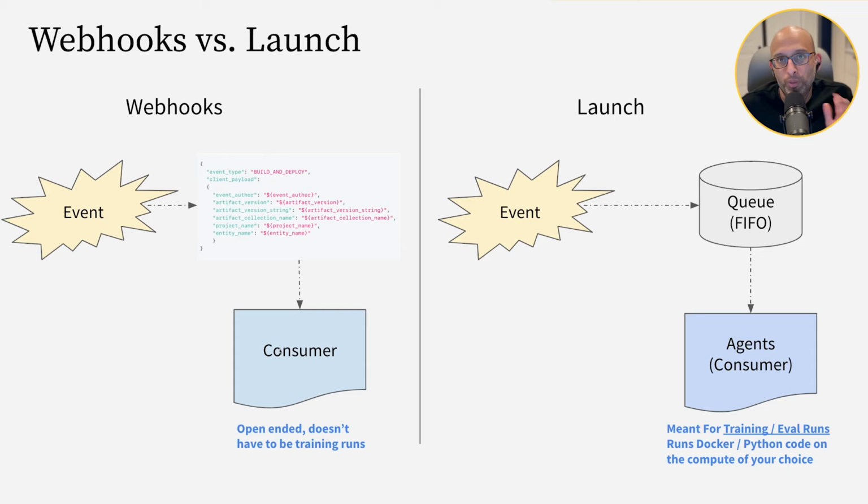Now, with webhooks, you are responsible for handling the queue. And what is a queue? A queue is just a holding area where you have all of your jobs that you want to execute. So with webhooks, Weights and Biases fires the webhook, you receive the payload, and if you're receiving many different payloads, it's up to you to implement how to process those payloads, in what order, and keeping track of those payloads.